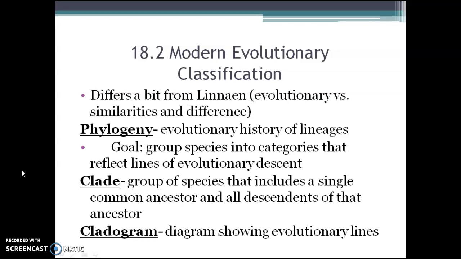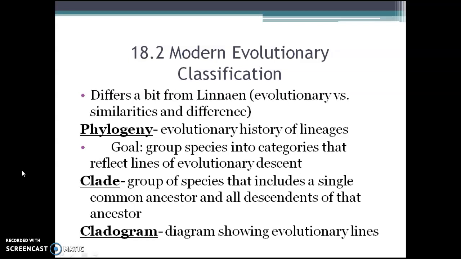Remember, Linnaeus started classifying these things way prior to the theory of natural selection and Charles Darwin's journey. So now that we know a little bit about how evolution works, that's the main difference in today's classification system. We still look at similarities and differences because that's still important, but we also can look at evolutionary results. So now that we know about DNA and fossil record and things like that.